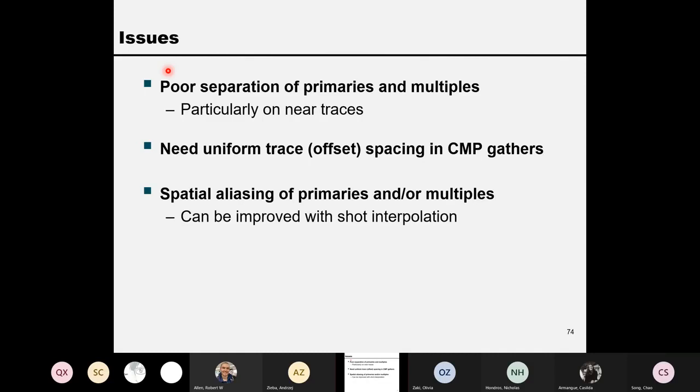In that case, if the water bottom is not deep enough, not flat, you have a steep dipping, your multiples are not easy to separate. So poor separation of multiple and primary. That's the one thing, right? Because of dipping events, in the near offset typically you have trouble. So after stack, the residual multiple is caused by the near offset traces, because you sum everything towards 0 offset, right? That's what we do.